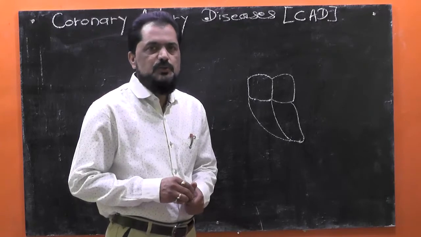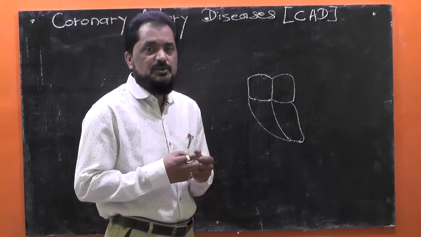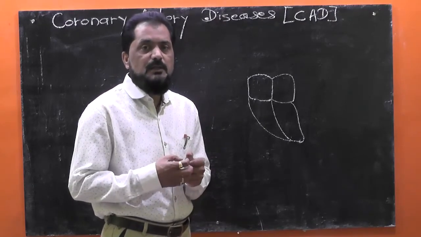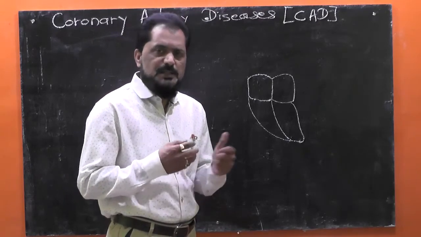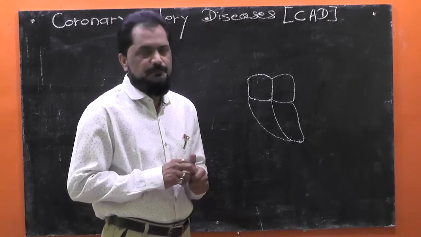Due to very efficient contraction and relaxation of cardiac muscles, the rhythmic contraction and relaxation of the heart is possible. It is necessary for the proper circulation of blood throughout the body.